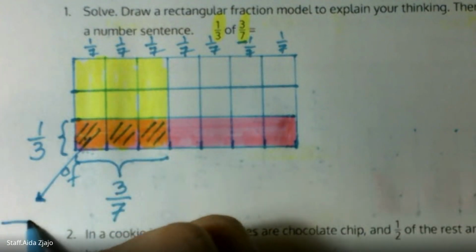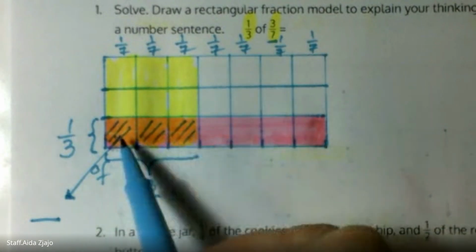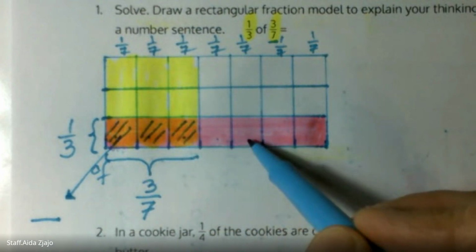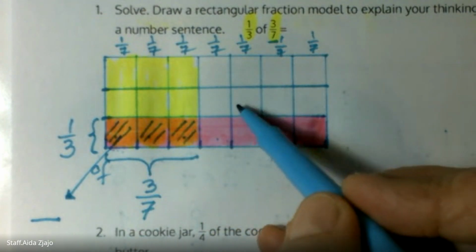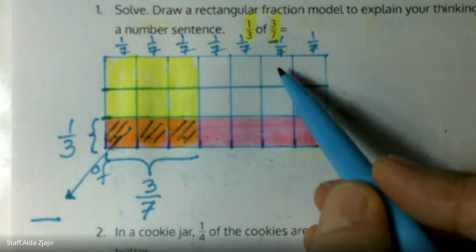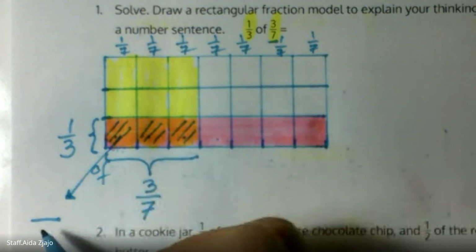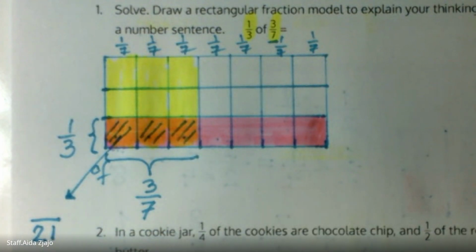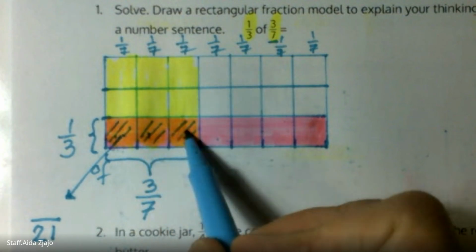So what this problem is, 1/3 of 3/7. If I take this arrow and I want to know what my answer is, I can count 1, 2, 3, 4, 5, 6, 7, 8, 9, 10, 11, 12, 13, 14, 15, 16, 17, 18, 19, 20, 21 little squares that make the whole garden. But how many are the roses?